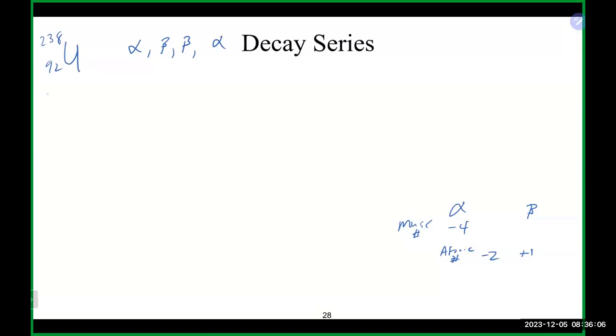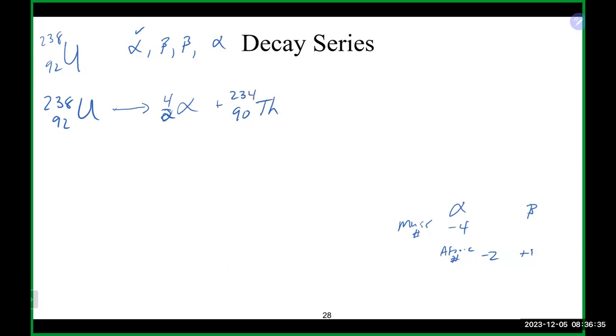The first thing that would happen is we take our 238 and our 92, and it goes through an alpha decay, which means our alpha particle should be on the product side, with a 2 there. The first thing we would produce as a result of this alpha decay is 90, which is Th, and up on top we would end up with 234.